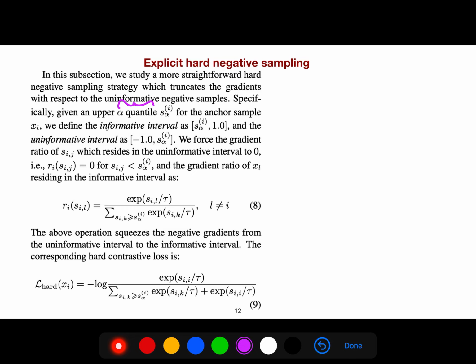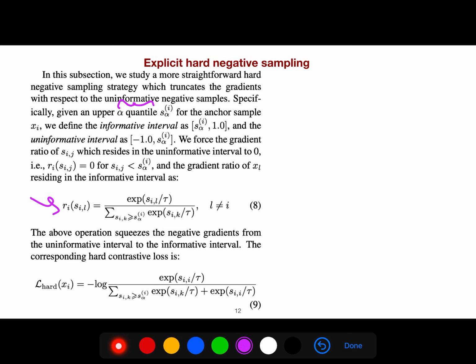Then we force the gradient ratio which resides in the uninformative interval to 0, and the gradient ratio of x sub L residing in the informative interval like this. The above operation squeezes the negative gradients from the uninformative interval to the informative interval.